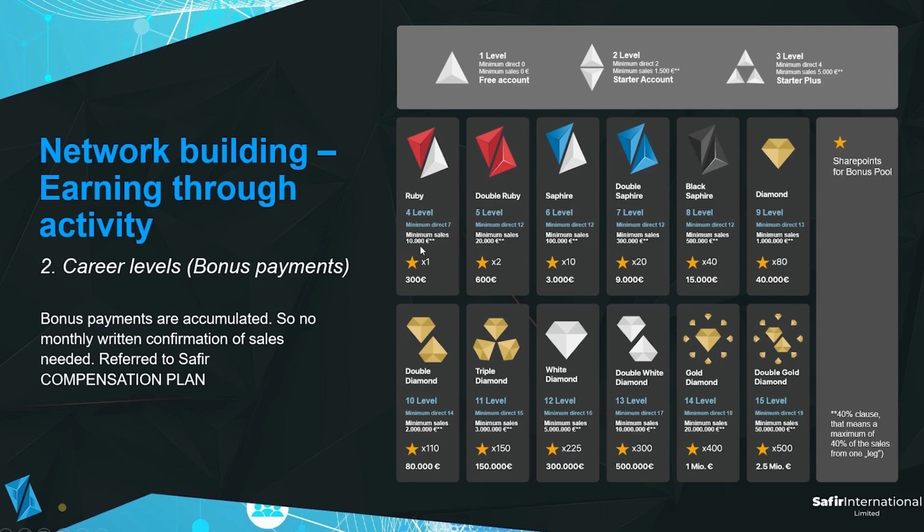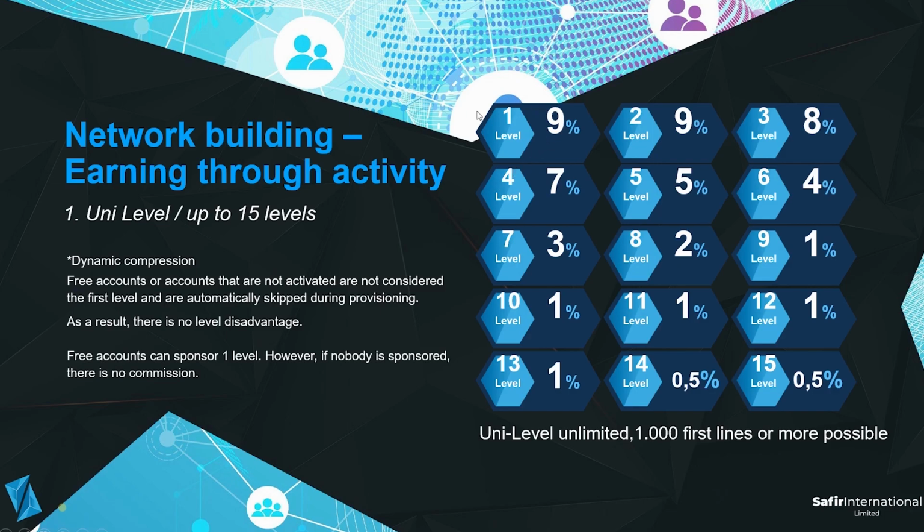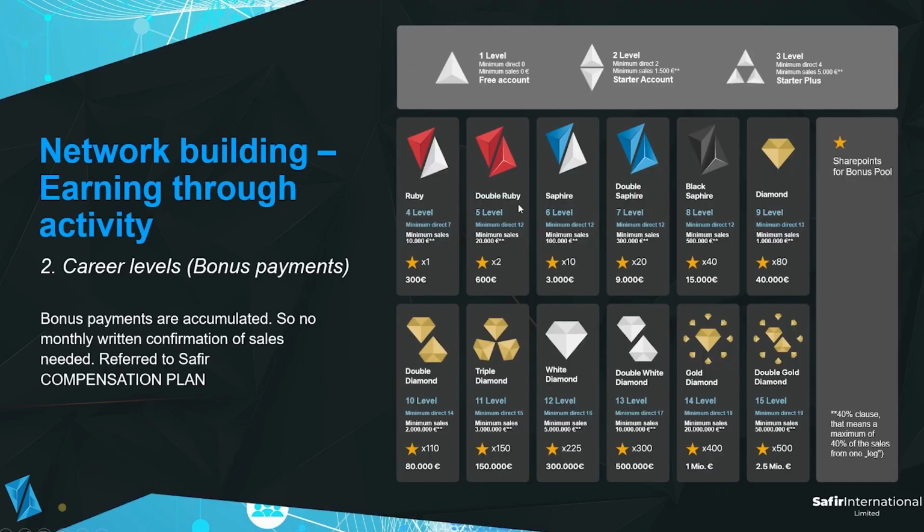So if you achieve this, minimum direct 7, minimum sales of $10,000, you have 4 levels, meaning you're here at level 1, 2, 3, and 4, earning 9, 9, 8, and 7%. Also, you get a €300 additional bonus payment one time, and you get your share of the bonus pool.